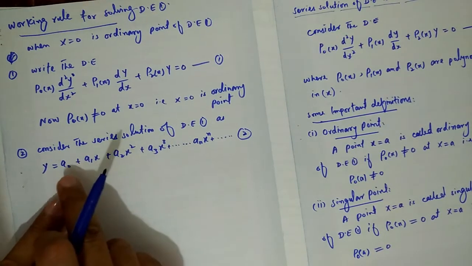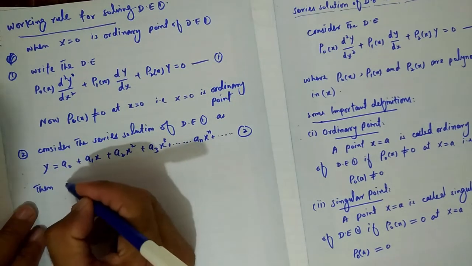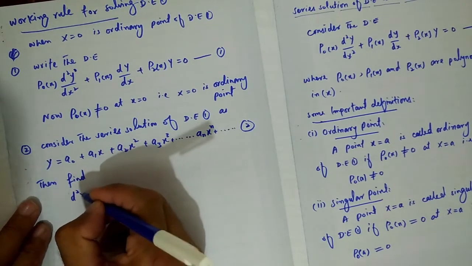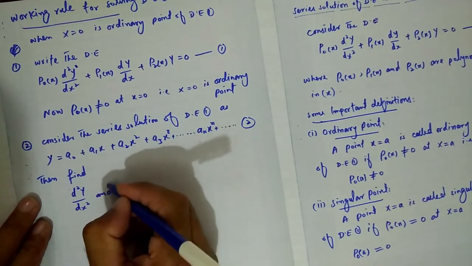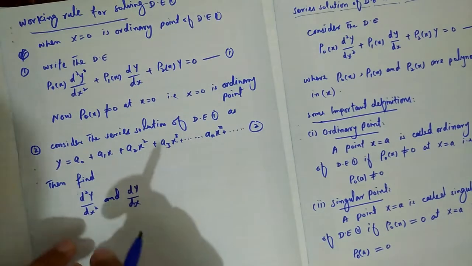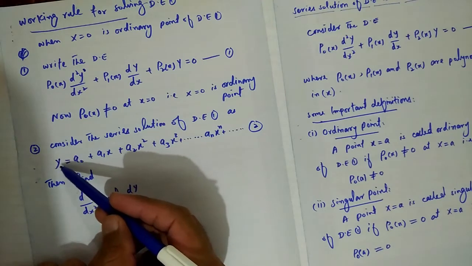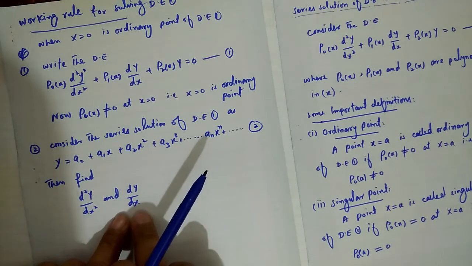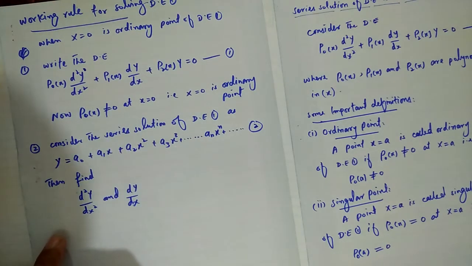Then using this equation, find d square y upon dx square and dy upon dx. Differentiate this solution twice with respect to x and then put their values in equation number 1.